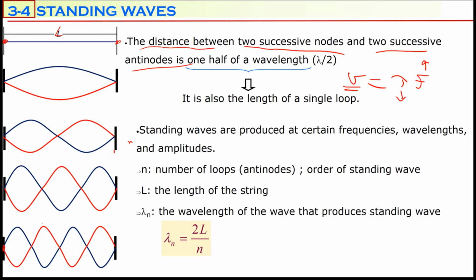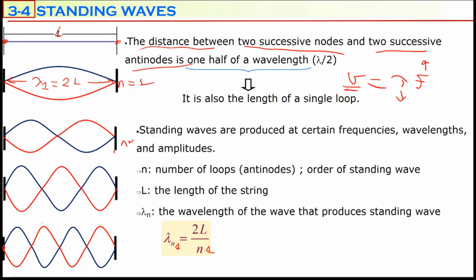For example, for the first order, n is equal to 1. You will write 1 here. So in first order, you can produce a standing wave whose wavelength is twice the length, 2L. The first order standing wave forms at a wavelength equal to 2 times the length of the string. What about the second one?